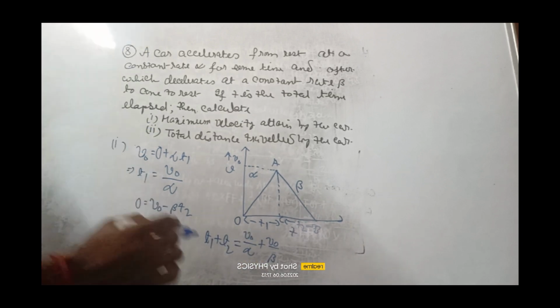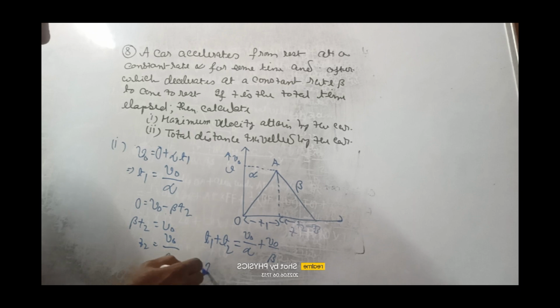Now we get v0 common, 1 by alpha plus 1 by beta equals t, that is v0 equals, taking LCM, alpha beta t by alpha plus beta, which is the maximum velocity.